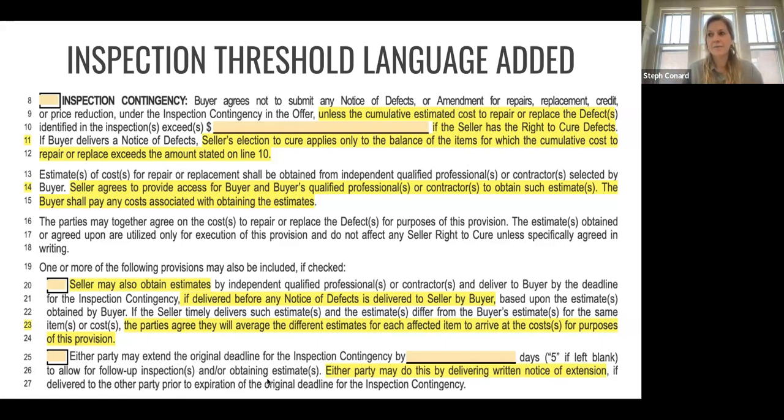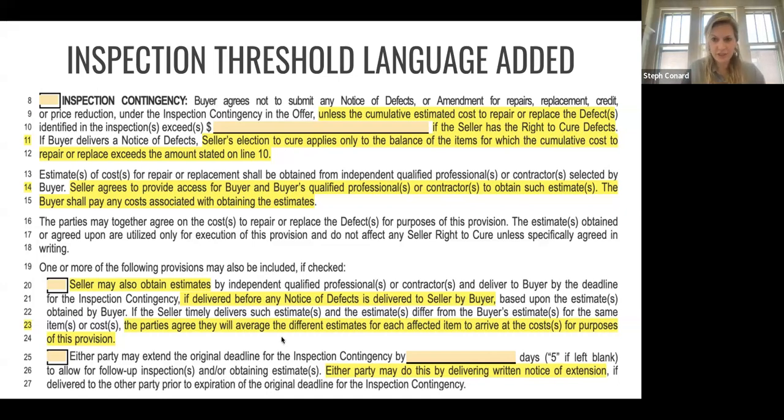So already we're seeing the aftermath of buyers writing offers without inspection contingencies, discovering things after they close, and attempting to come back to sellers. And we're just seeing a lot of potential lawsuits because of it. So again, we love having this inspection threshold because it allows the opportunity for the buyer to have it, and gives extra protection for the seller.